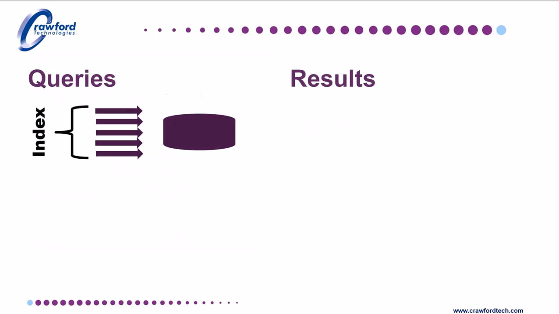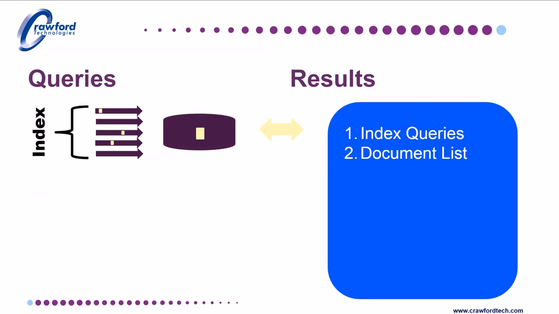So first off, we just need to understand the basis of a query structure. A user comes in and they use the index data and queries against the database. So that's typically a metadata query against an SQL database to retrieve a set of results. So from their query, they will get a document list back.